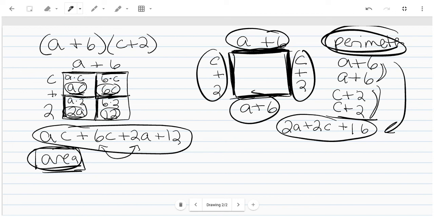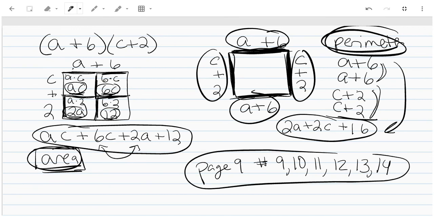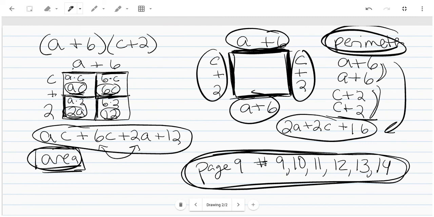That is going to be page 9, numbers 9, 10, 11, 12, 13, 14. So you're going to do those problems right now, because that's what this is all about. Area and perimeter, like that.